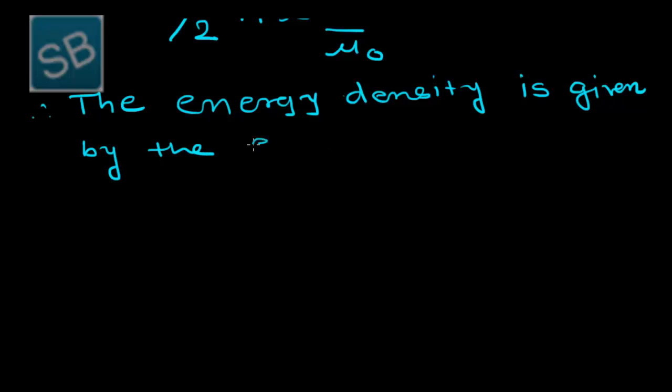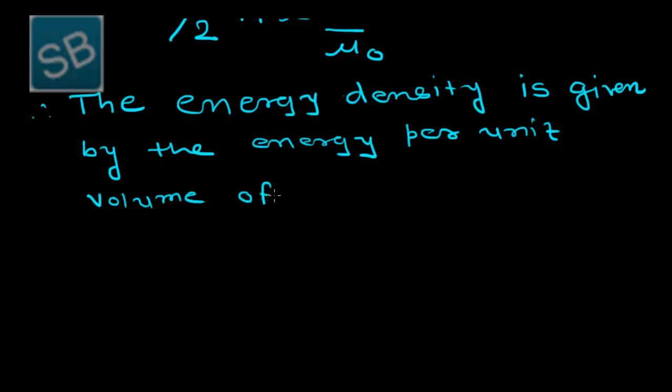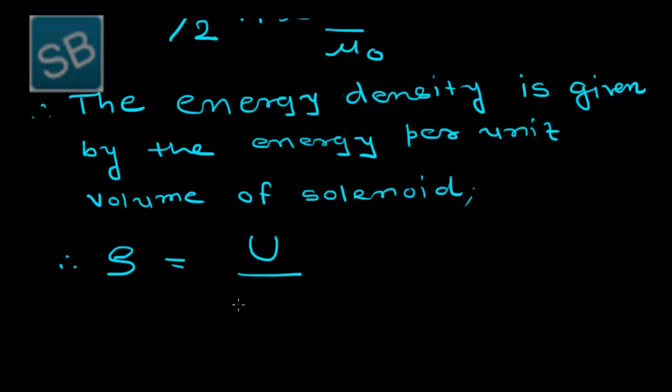the energy per unit volume of solenoid. Here we have considered volume instead of area because of the shape of solenoid. So, the density I am considering over here as rho and is given by the energy per volume.